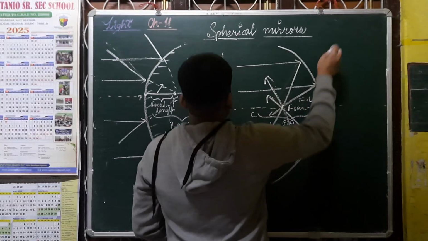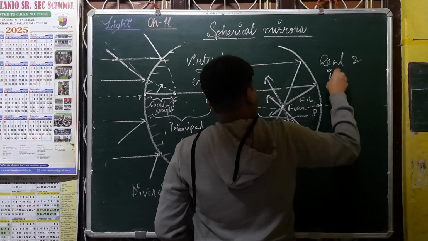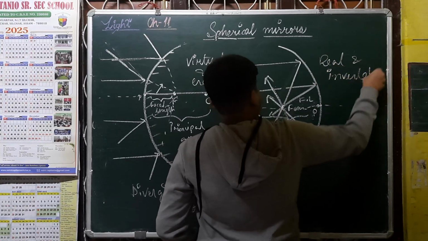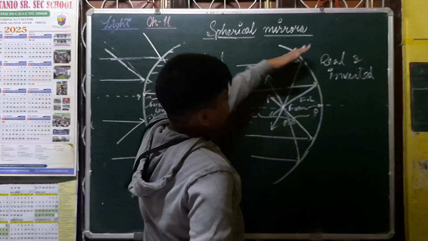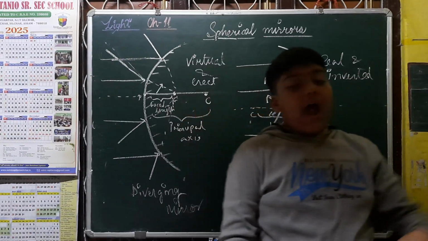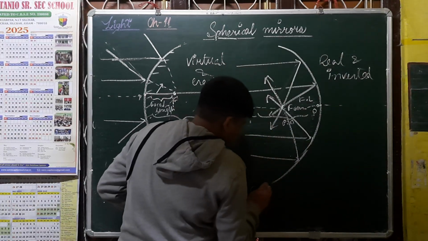So here the image formed will be real and inverted, and as the light rays are getting converged, are coming closer to one another, it will be a converging mirror.